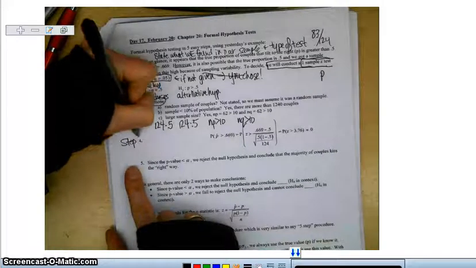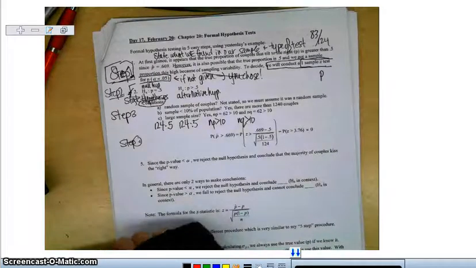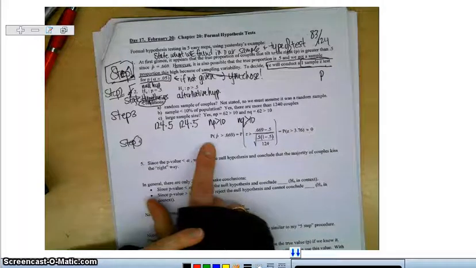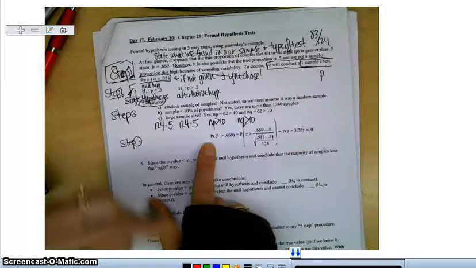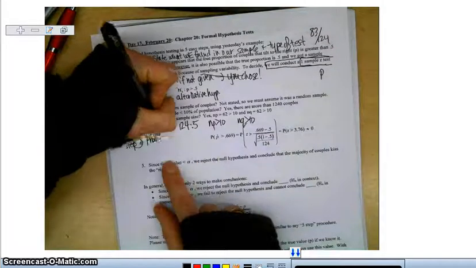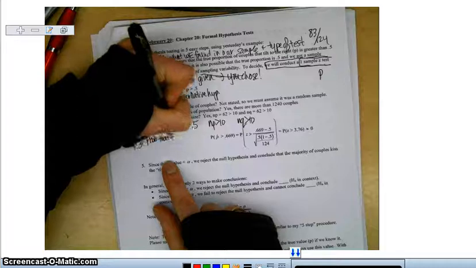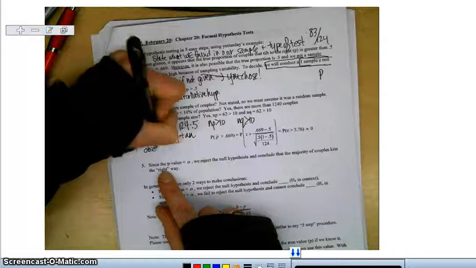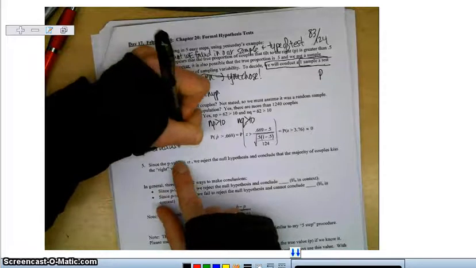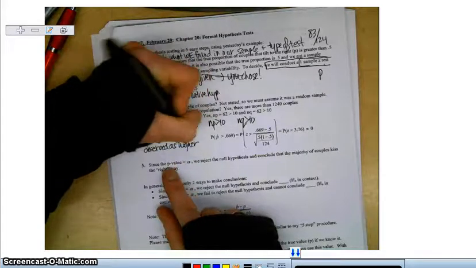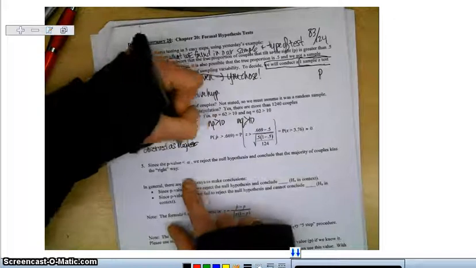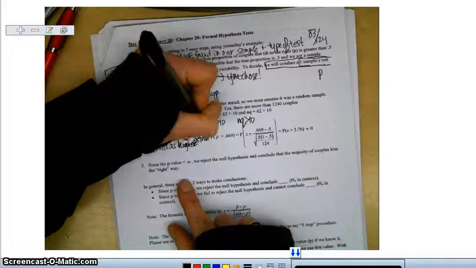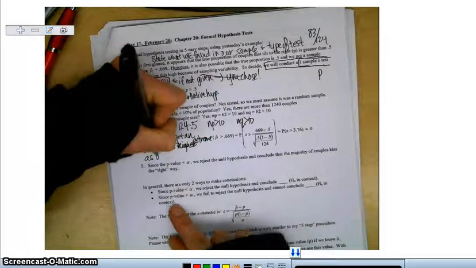All right, step 4 is your calculation. Now, you always start your calculation out with a probability. We are trying to find the probability that I get an observed value as high or higher, as we can even say as extreme, as our sample.